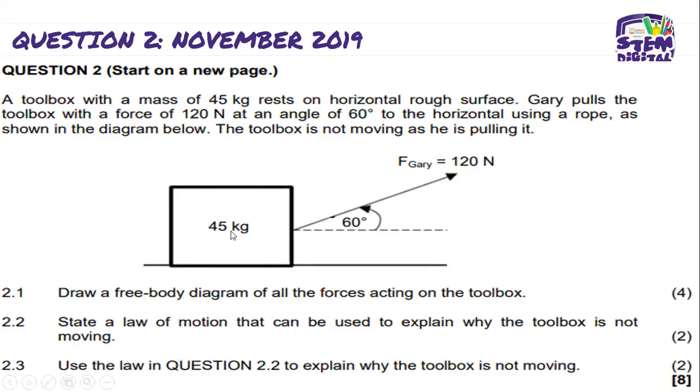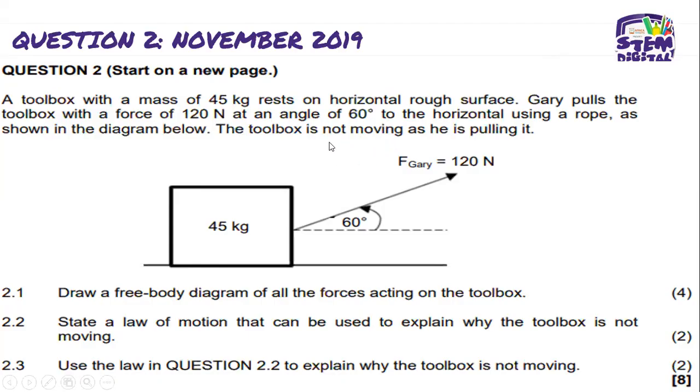The question says, a toolbox with a mass of 45 kilograms rests on a horizontal rough surface. Gary pulls the toolbox with a force of 120 newtons at an angle of 60 degrees to the horizontal using a rope as shown in the diagram below.